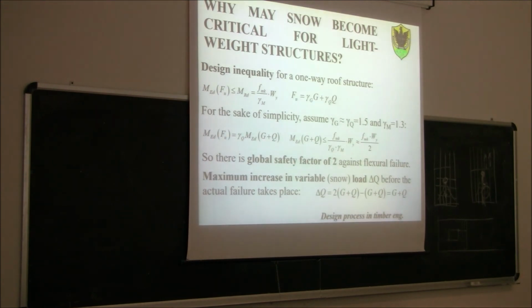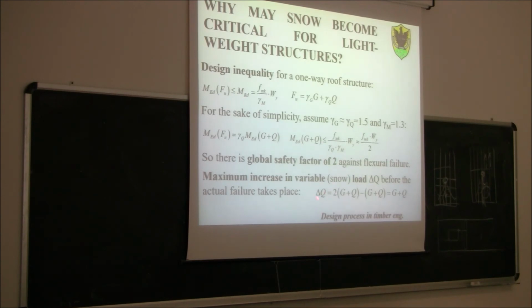So, assuming now that the permanent load is given, we cannot change it, we are interested in understanding which is the increase in snow load, delta Q, which leads to the actual failure. As we said before, Q, the design snow load, doesn't take the structure to the actual failure. With this value here, we have a safety coefficient of 2. How much can we increase Q in order to get to the actual failure?